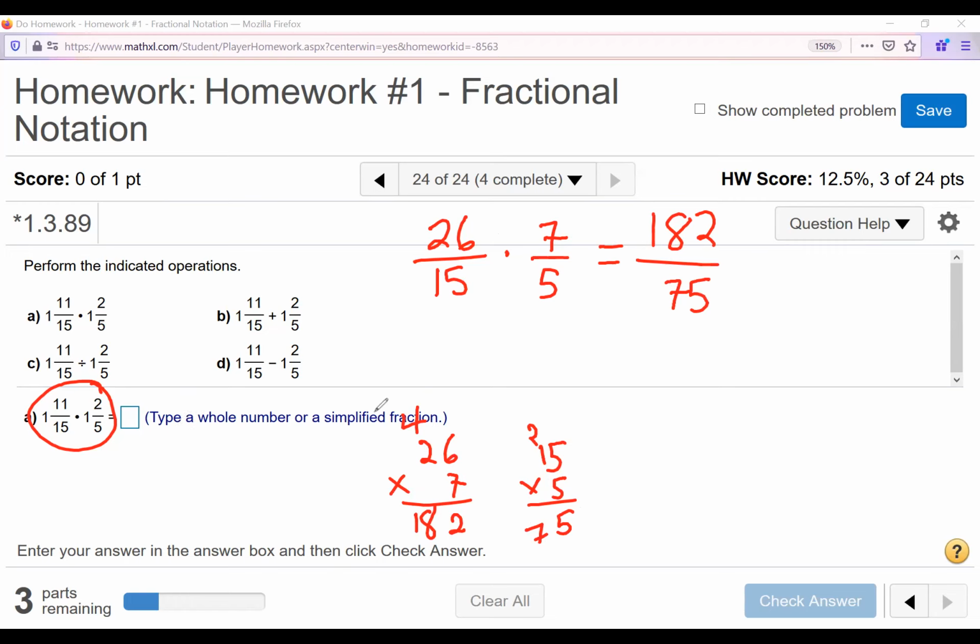It doesn't necessarily ask for a mixed number, so it's probably fine to leave it like this. However, I am going to change it back to a mixed number just in case. So how many times does 75 go into 182? I think it's just 2 times because 75 times 2 is 150.